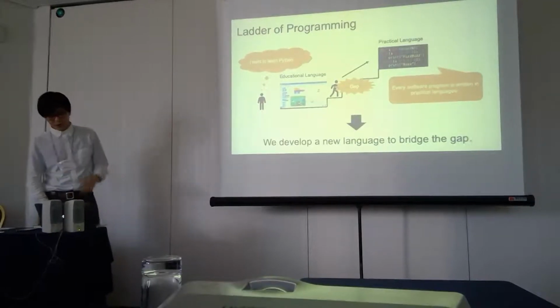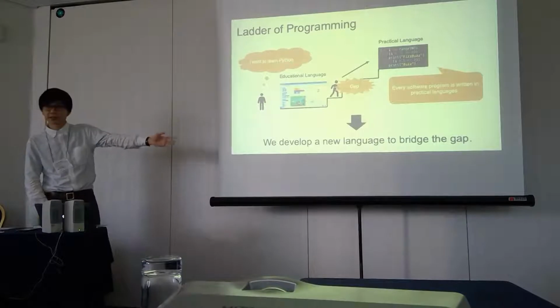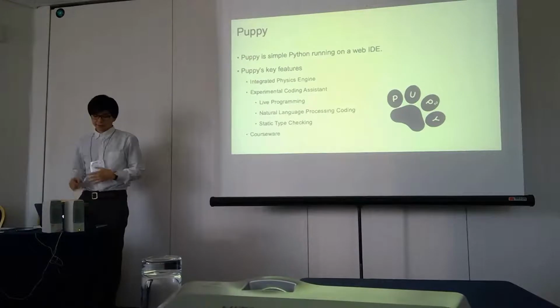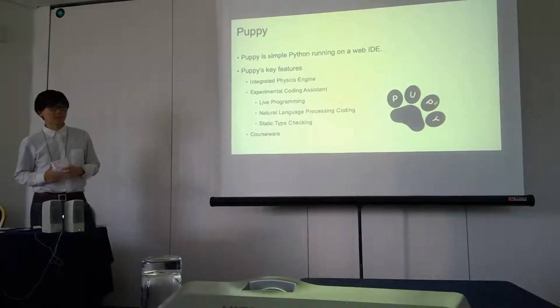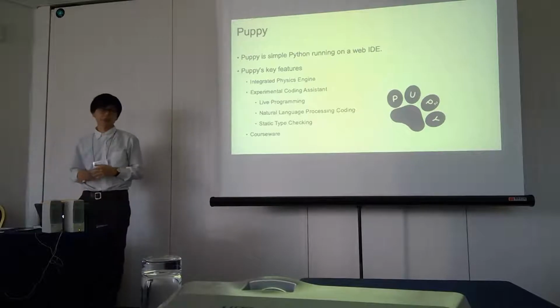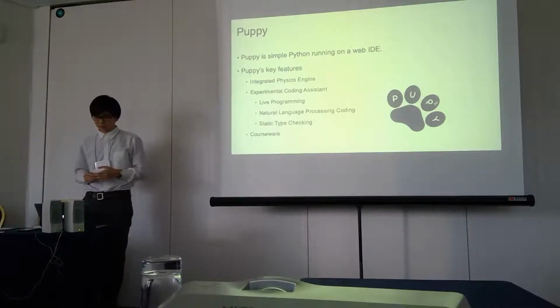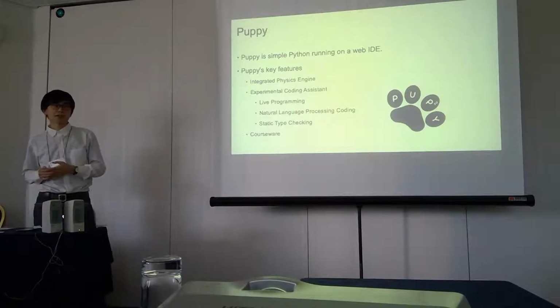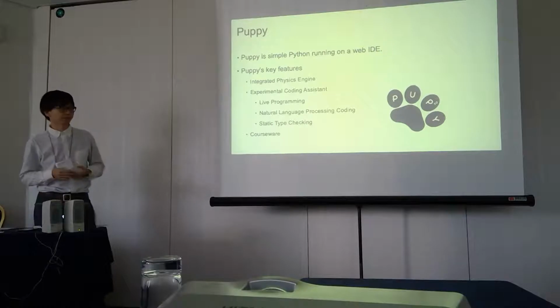So we developed a new language to bridge the gap. We call this programming language Puppy. Puppy is simple Python running on a WebIDE. Puppy's key features are below. We integrate a physics engine into the WebIDE.